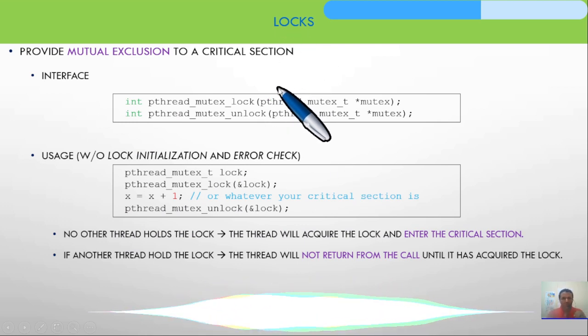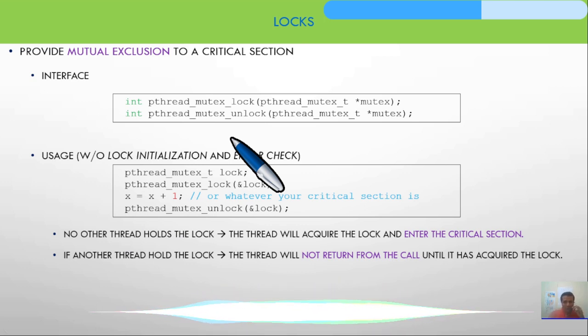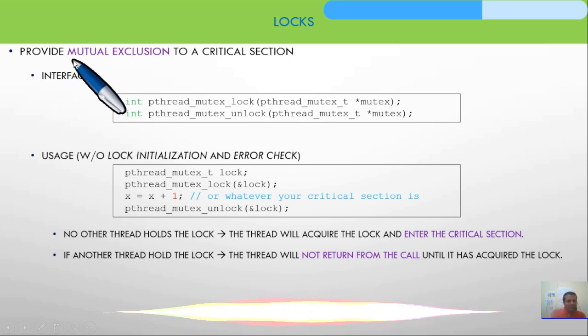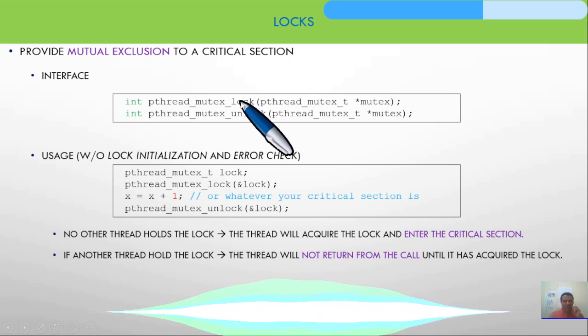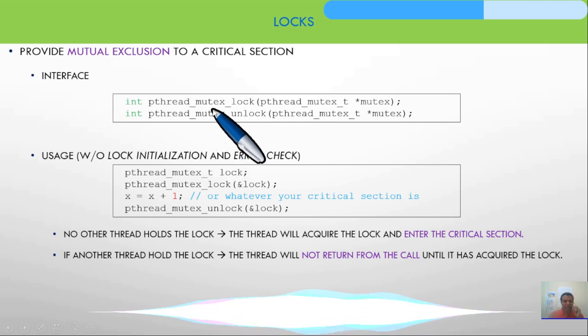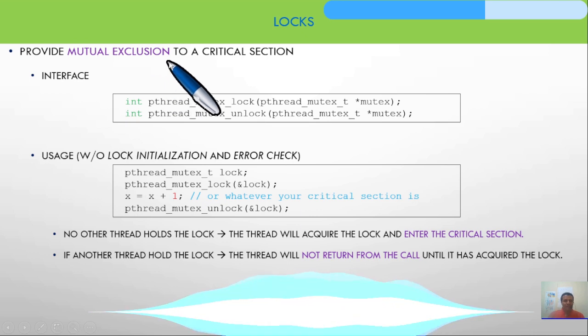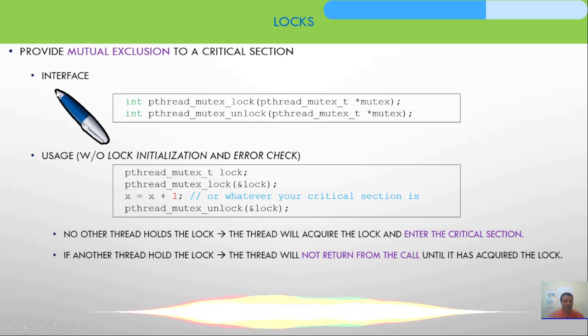Now let's talk about locks. And I encourage you to download the codes and practice for yourself. Locks provide mutual exclusion to a critical section. This is the critical section problem for concurrency, and when processes want to access the memory at the same time, it will create a problem. So mutual exclusion to a critical section, locks are important.